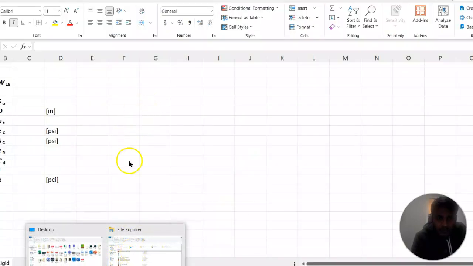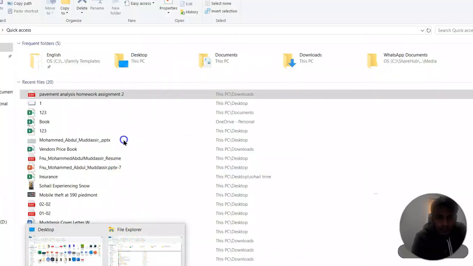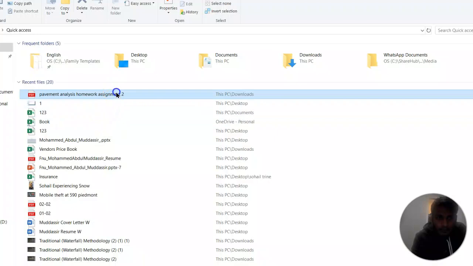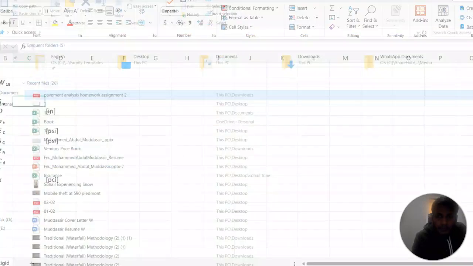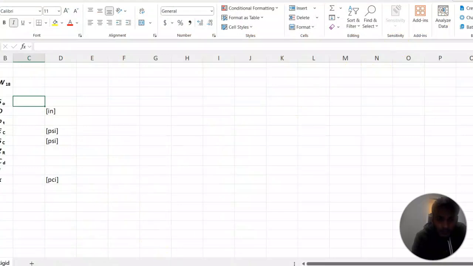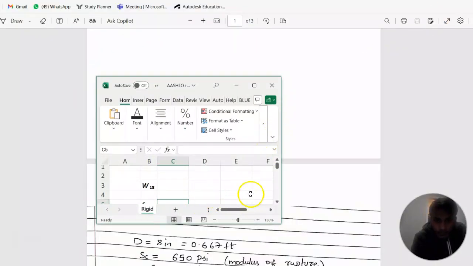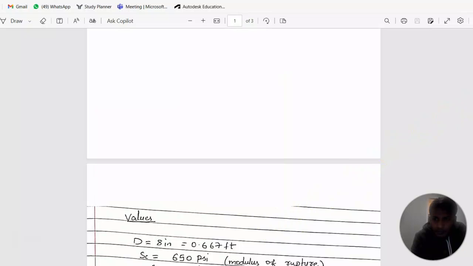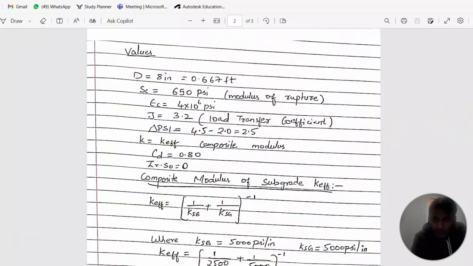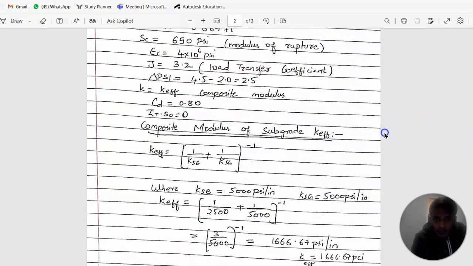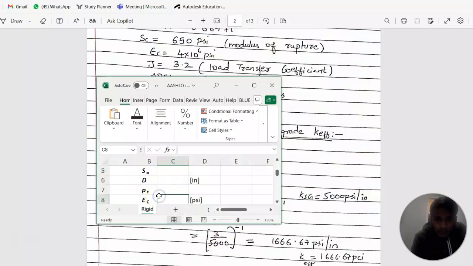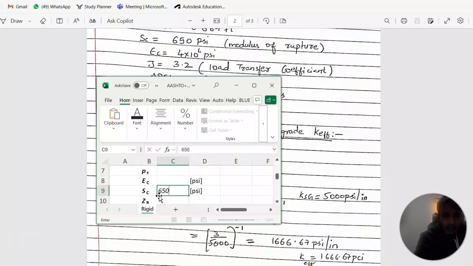So we have SO. SC is equal to 650. J is equal to 3.2.